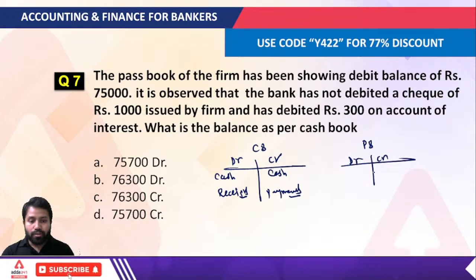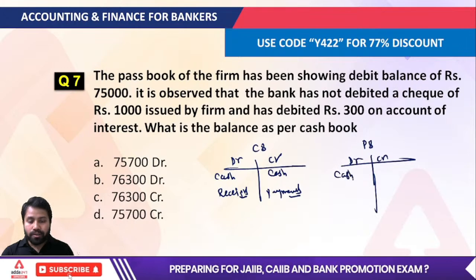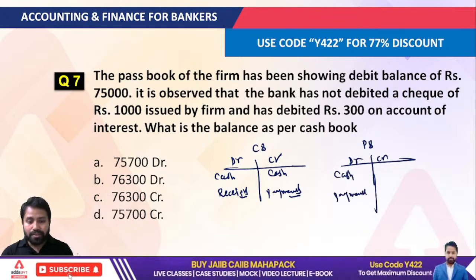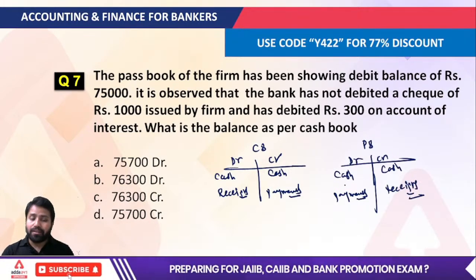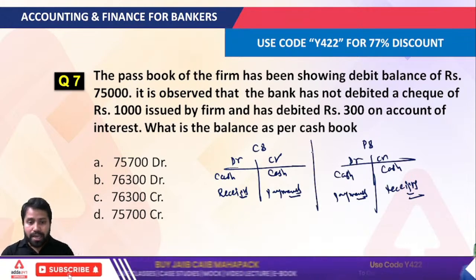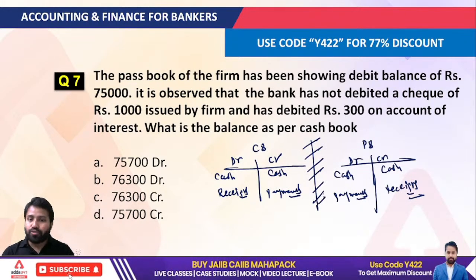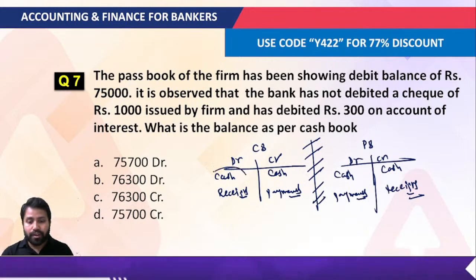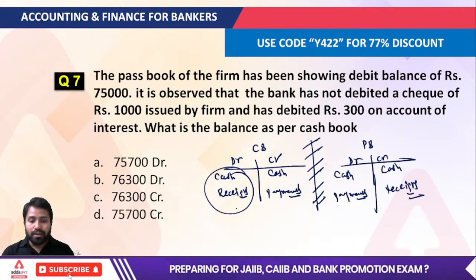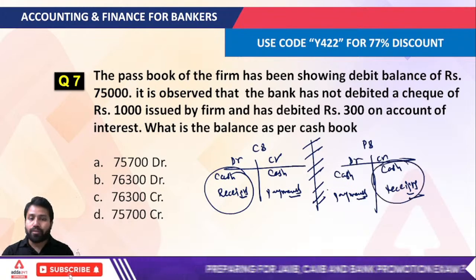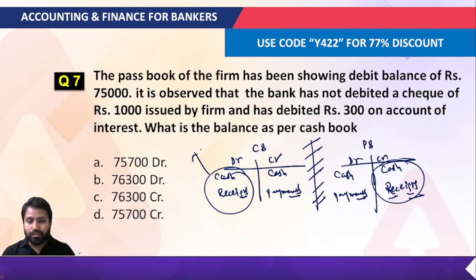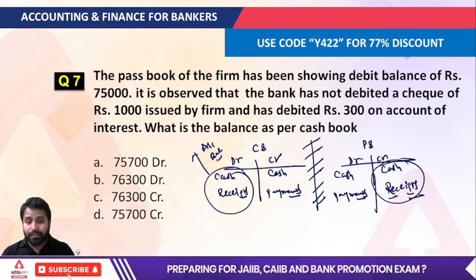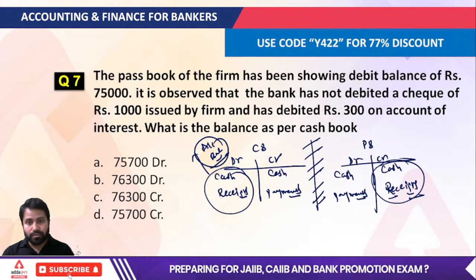Now when we talk about the passbook, all the cash payments are going to be recorded under the debit side of the passbook, while all the cash receipts are going to be recorded under the credit side of the passbook, because the cash book and the passbook are mirror images of each other. Whatever we record on the debit side of the cash book represents the credit side of the passbook. Now you can understand, we often understand a debit balance of the cash book as an account balance of the customer, right?